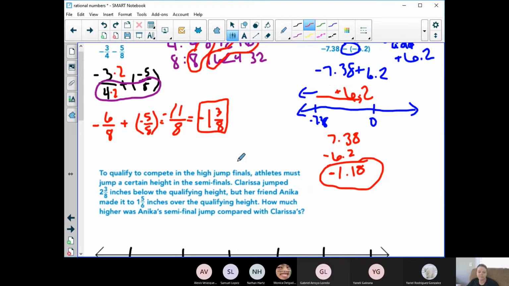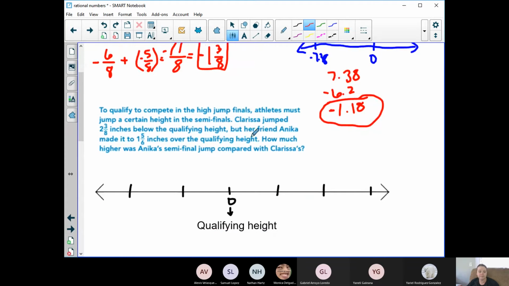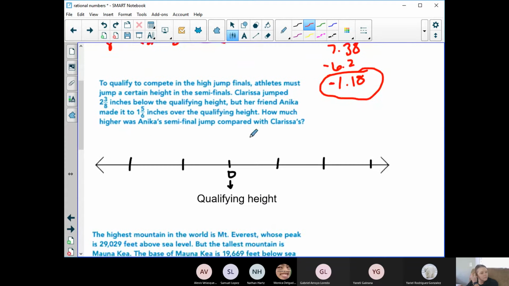All right. Let's look at some word problems. To qualify to compete in the high jump finals, athletes must jump a certain height in the semifinals. Let me start over.